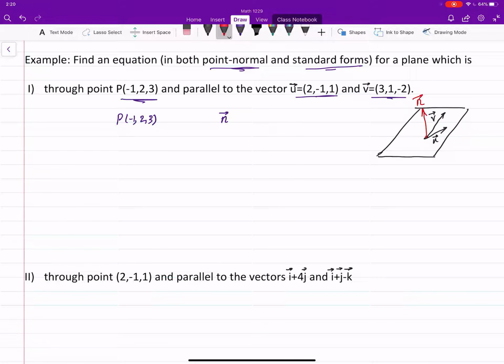Well, it means what? It means that u and v being parallel, I have to use this information to create n. And if n is normal to the plane, it will be perpendicular to both u and v. And we are in R3, we have two vectors. Now we are interested in finding a vector which is perpendicular to both of them. And yes, you guessed it right.